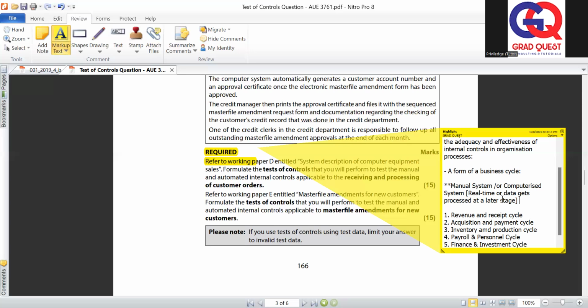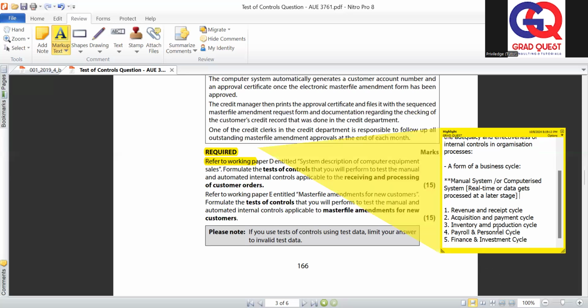So when we want to keep track of our inventory records, business organizations mostly use a computerized application or system in order to keep track of their stock. So that's very, very important. With the payroll and personnel cycle, under normal circumstances, most of the activities there occur within a computerized environment.